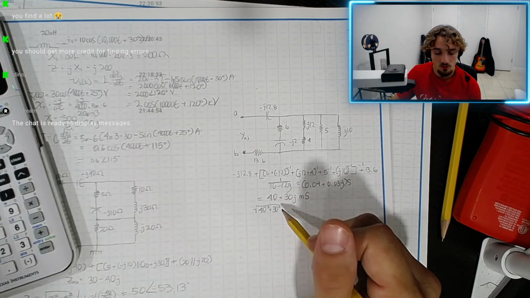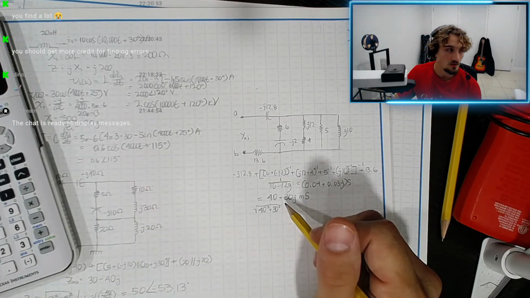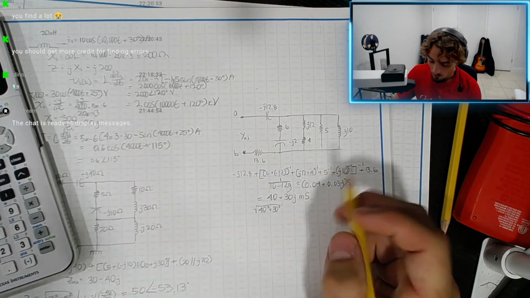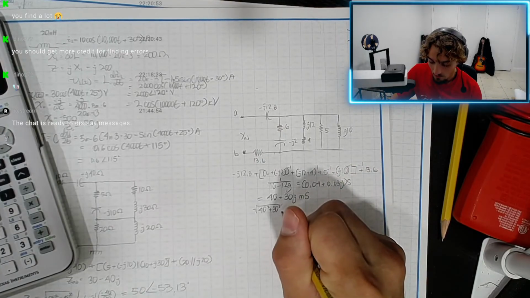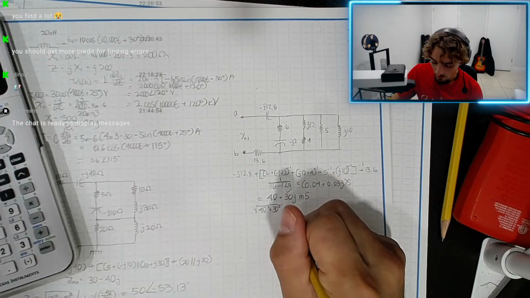Well, I guess it's just a conversion into polar coordinates, is it not? Okay. That's exactly what we're about to do then, right? And to acquire the magnitude, we use the Pythagorean theorem here.